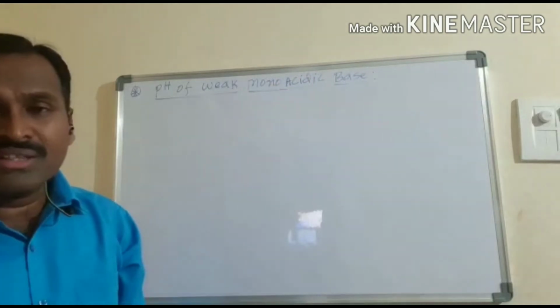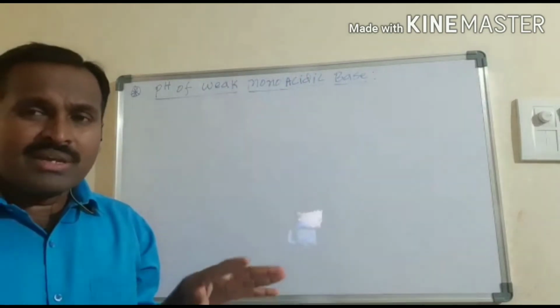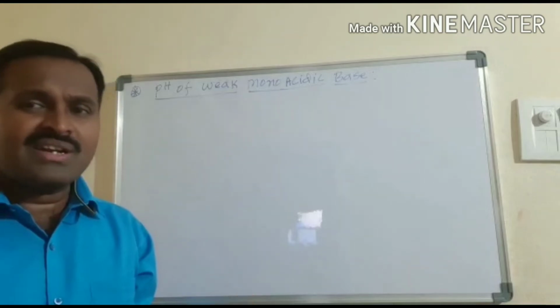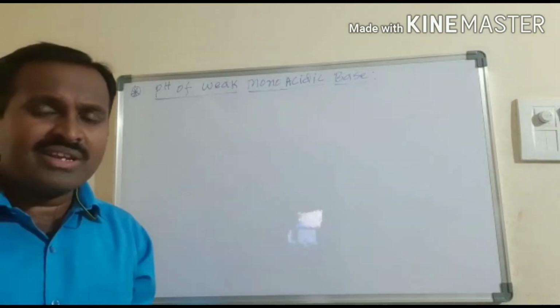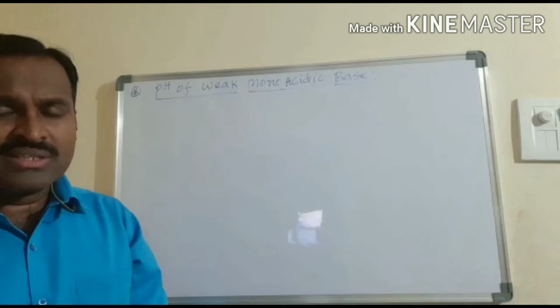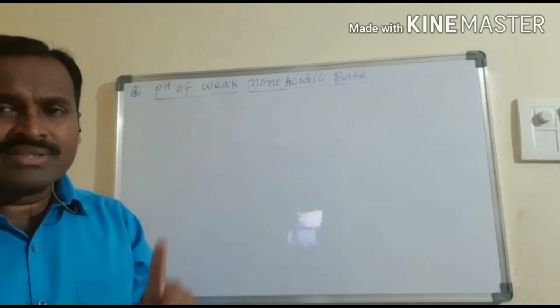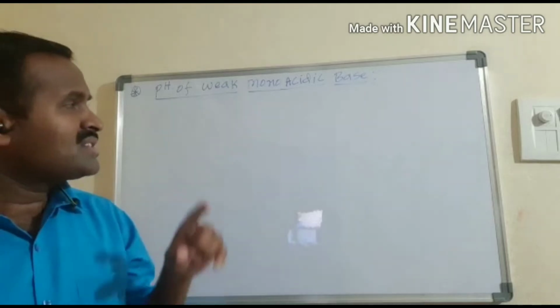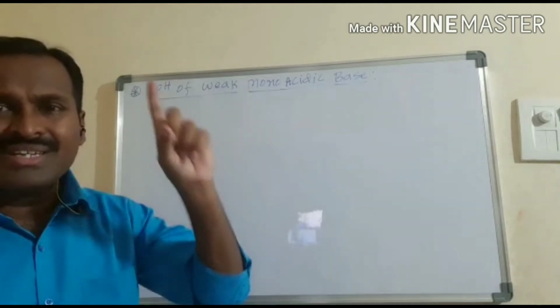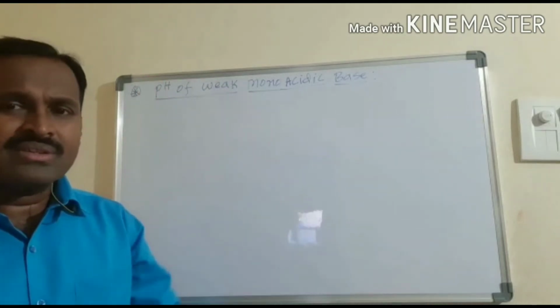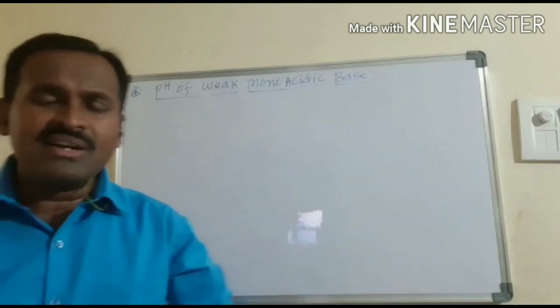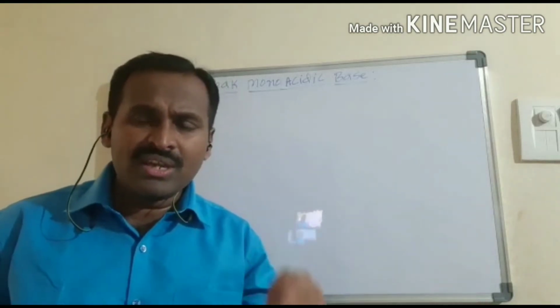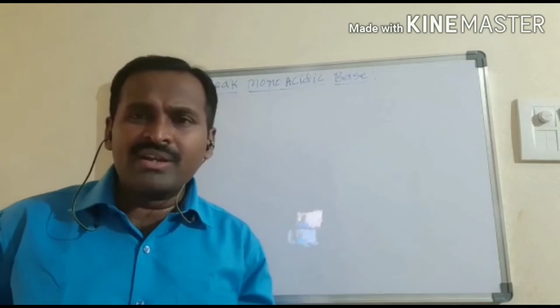Based on acidity, bases are classified into different types, but most commonly we take three: monoacidic base, diacidic base and triacidic base. Monoacidic base means the base whose acidity is equal to 1. Examples are NaOH, KOH, ammonium hydroxide.